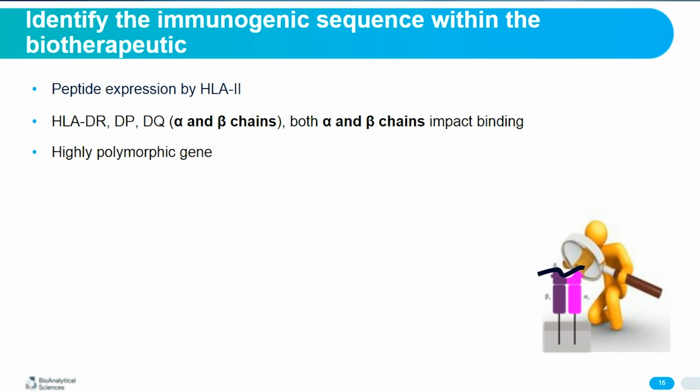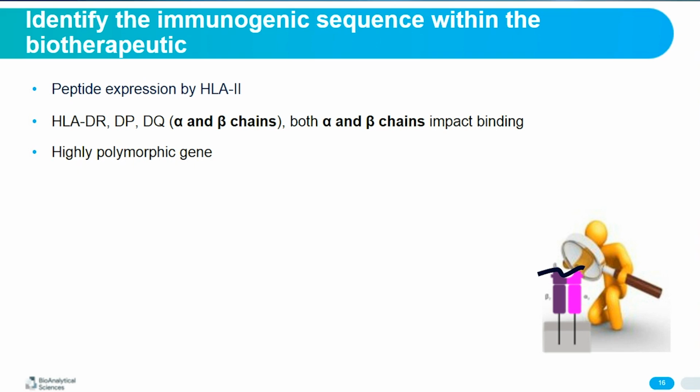However, we need to understand that the HLA class II is comprised of three different proteins, HLA-DR, HLA-DP, and HLA-DQ. Each one of these molecules is comprised of two different chains, alpha and beta chain. And in the case of HLA-DR beta, HLA-DP alpha and beta, and HLA-DQ alpha and beta, those are highly polymorphic genes.